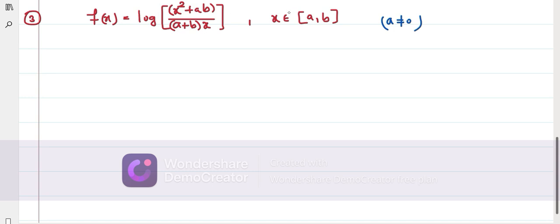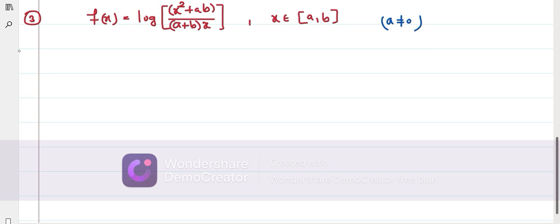If I substitute a = 0, I can cancel this x so that we have x / b. So if x = 0, what happens? log 0 is minus infinity, that is not defined. So a must be not equal to 0 here.